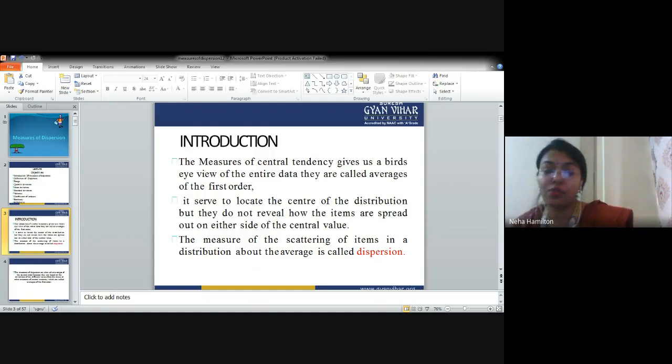These are the most important techniques through which you understand and calculate descriptive statistics, because they give you the exact picture of how much your data is dispersed from the mean. So this is very, very important.